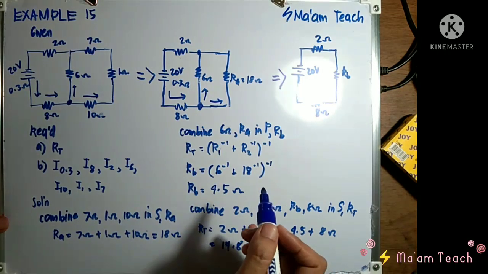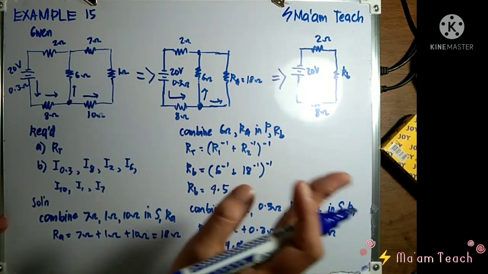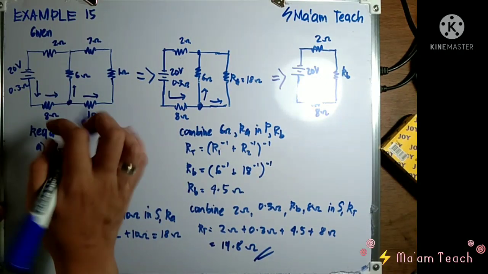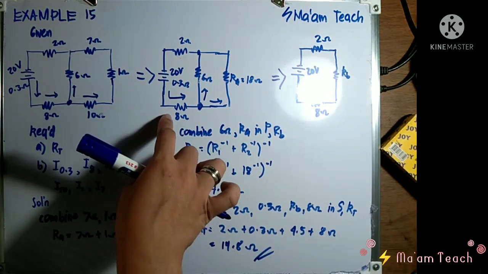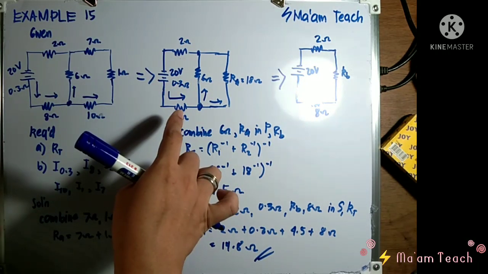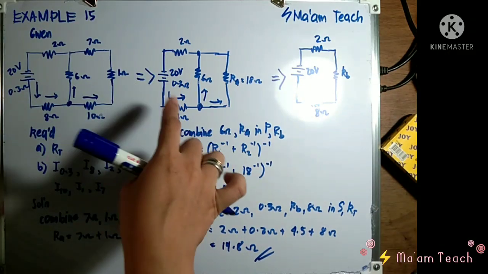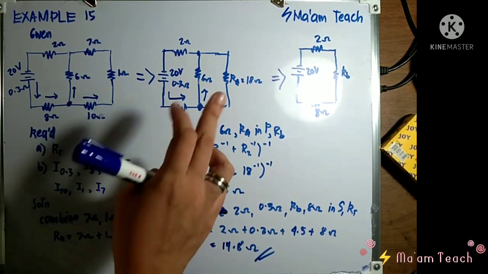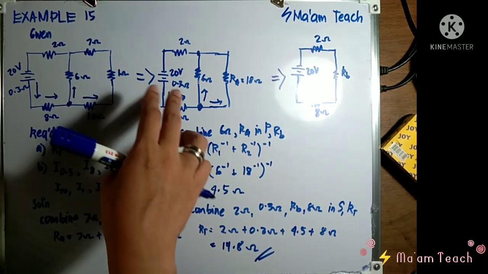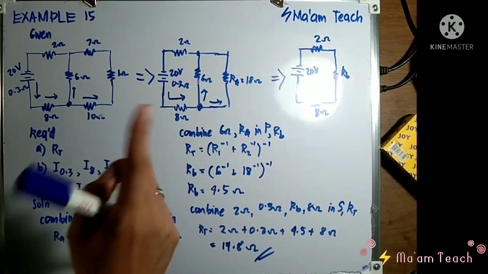Can you follow? Now class, observe that this 8 ohms, 0.3 ohms, and 2 ohms are on the same path. Can you notice that? They are on the same path, which means that the current flowing in 0.3 ohms, in 8 ohms, and in 2 ohms are equal, or just the same.